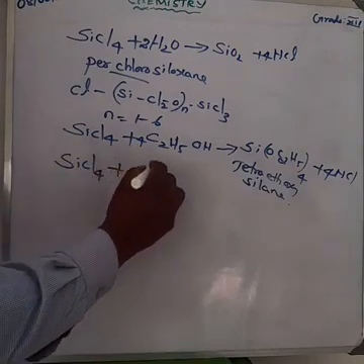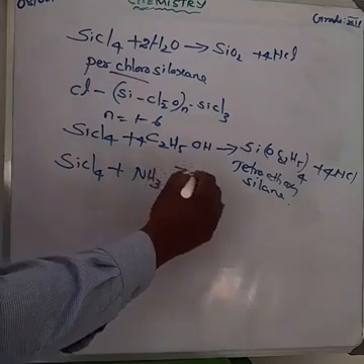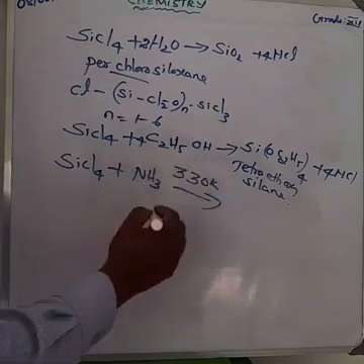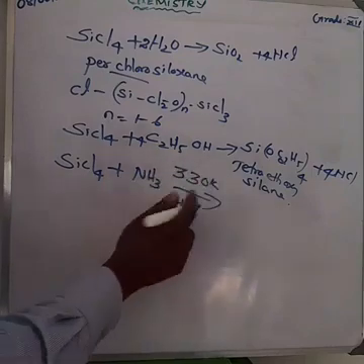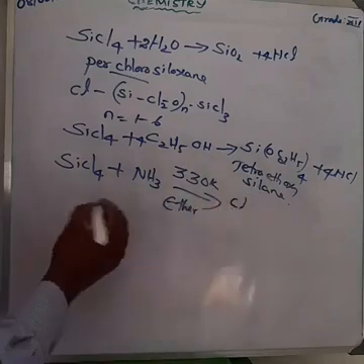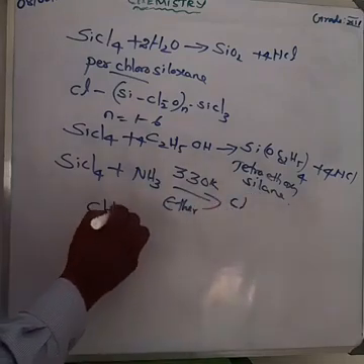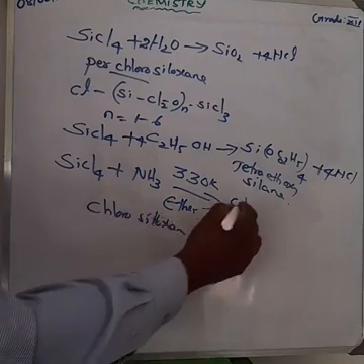Next one, silicon tetrachloride reacts with ammonia. Ammonia, all of you know the formula, NH3, and the temperature we are applying is 330 Kelvin. In the presence of ether, we get one product called chlorosiloxane. What is the formula?